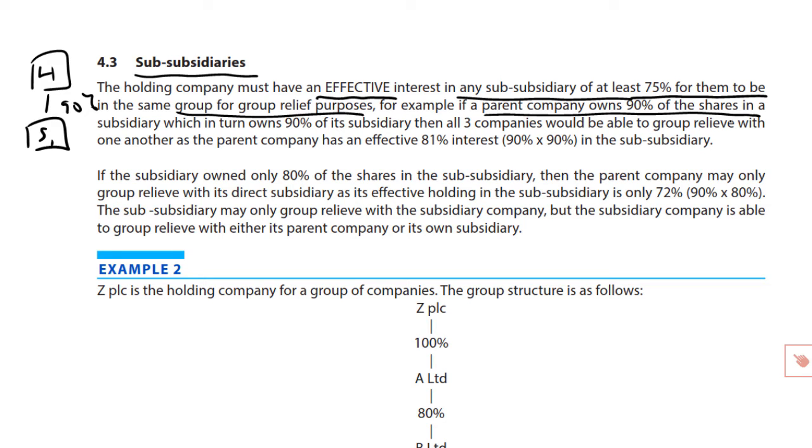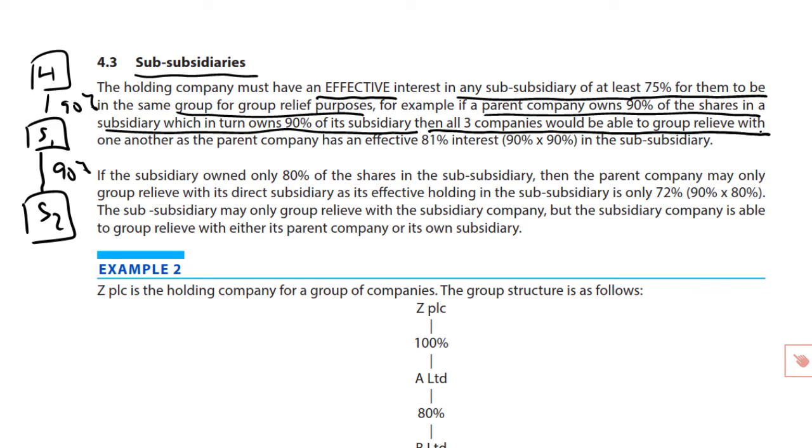If a parent company owns 90% of the shares in a subsidiary, which in turn owns 90% of its subsidiary, so S1 owns 90% of S2, then all three companies would be able to group relieve with one another, as the parent company has an effective 81% interest, i.e. 90% of 90%, in the sub-subsidiary. The effective interest is 81, that is at least 75, so group relief is available.